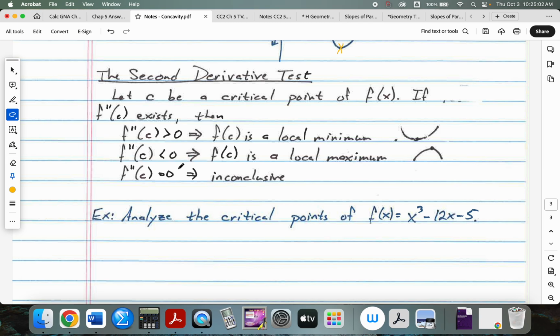And if the second derivative is negative, you must have had something that was concave down, so that must be a local maximum. Later on today, I'll work this and this last example, and I'll put it on my YouTube site. Okay? Sorry about that.